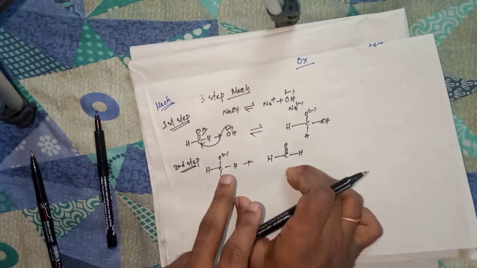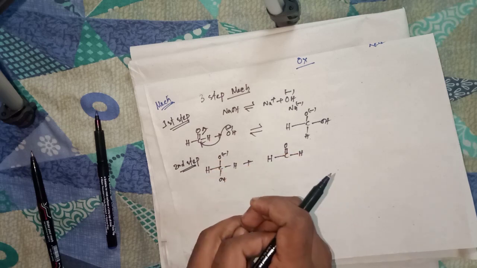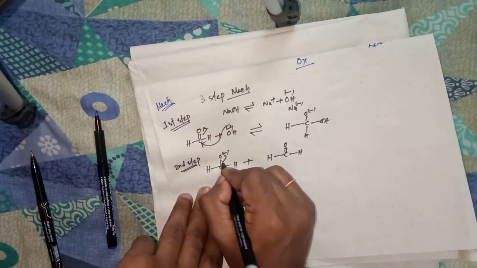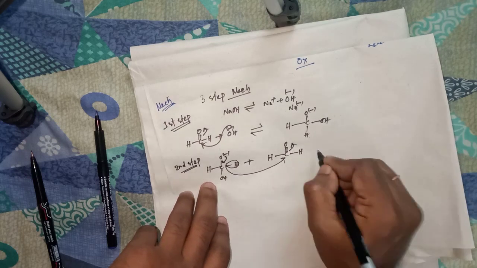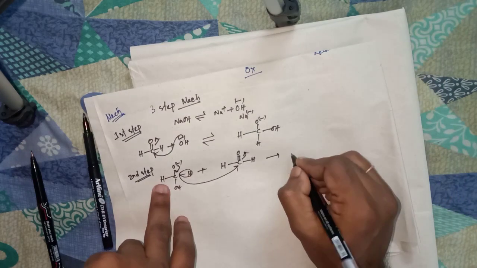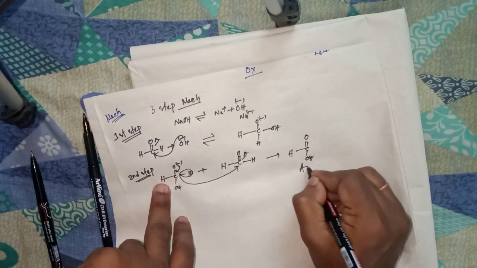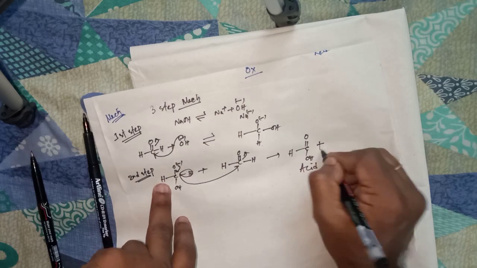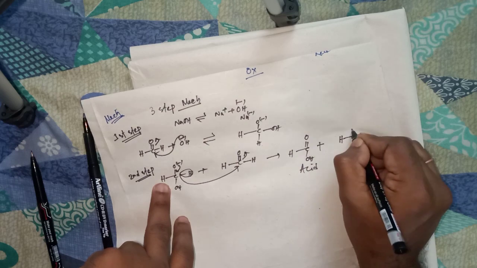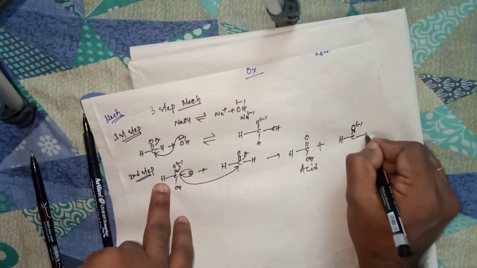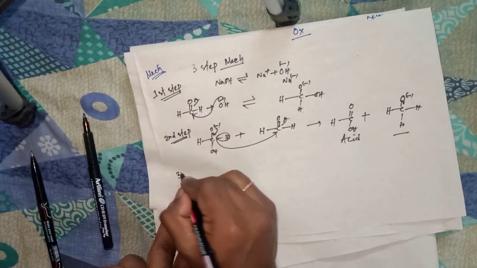Between the anion and the aldehyde, a hydride is exchanged. It forms an acid, HCOOH, and it forms an alkoxide ion, H3CO minus. This is the alkoxide ion.